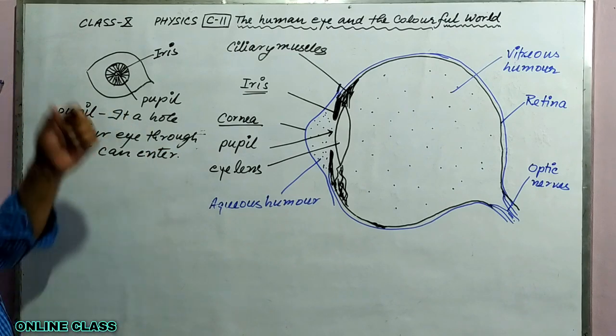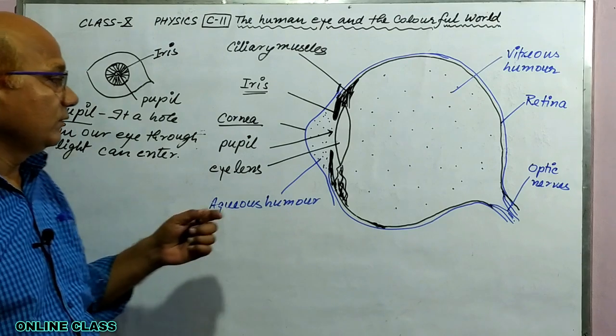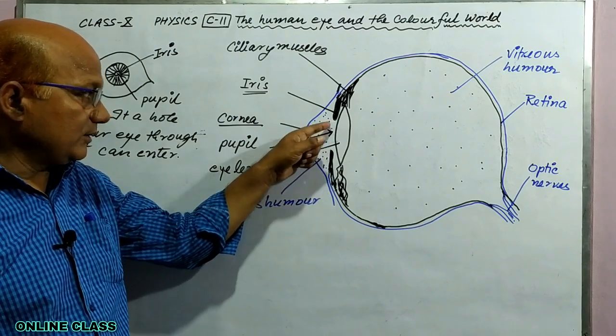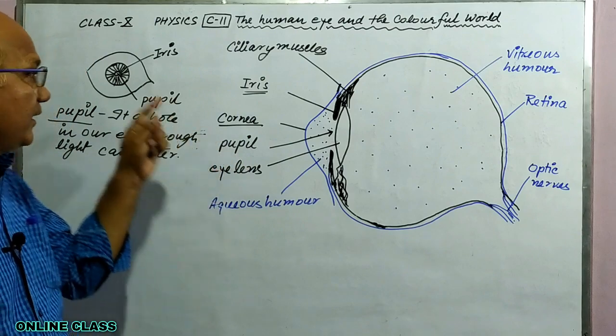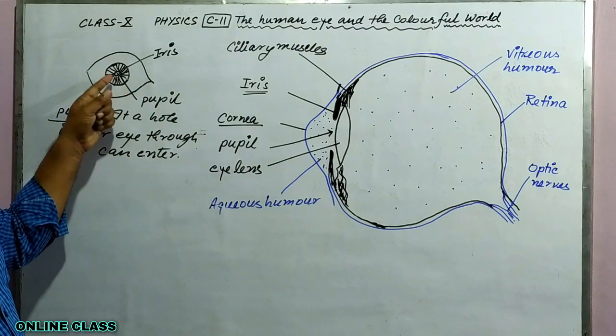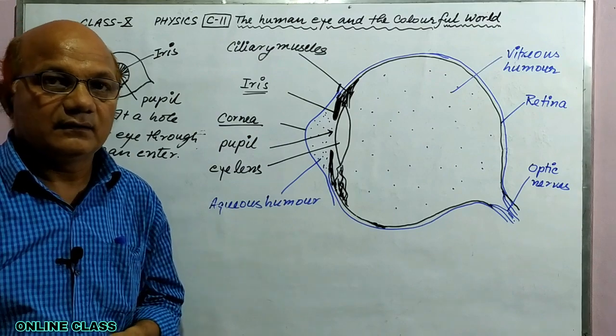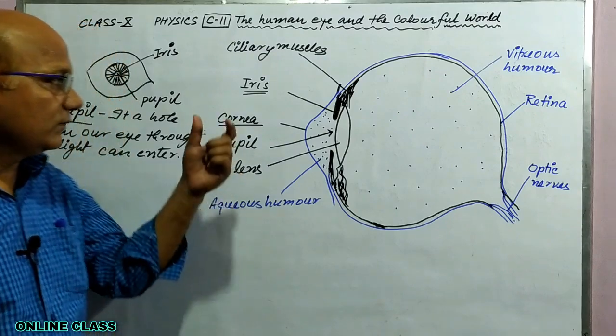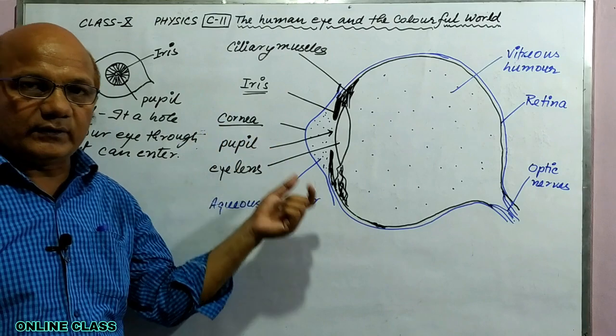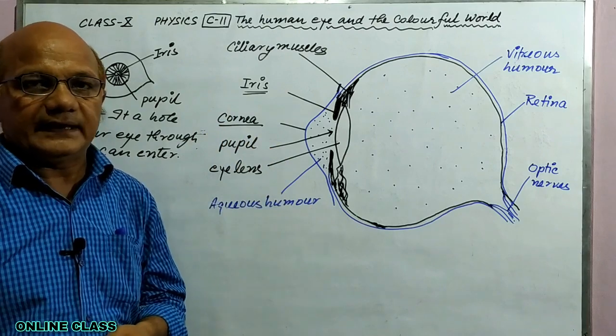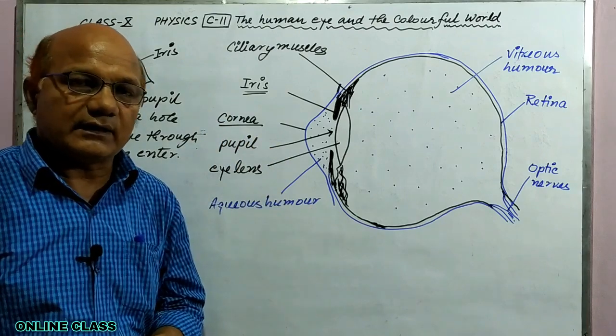Okay. So this opening is pupil. As you can see in this diagram, pupil is a hole through which light can enter in our eye. Okay. So in this way it regulates the amount of light entering in our eye.